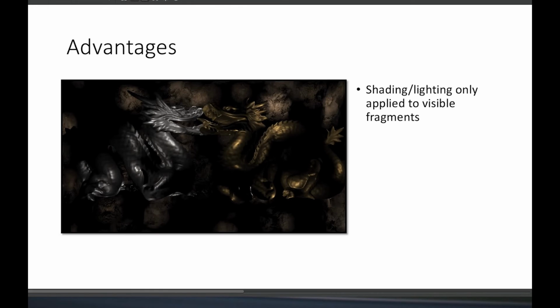That doesn't happen with deferred shading, because in deferred shading, my geometry buffers look like this, and the lighting computations will be done per pixel. So I will not do a lighting calculation for the pixel belonging to the wall, and then for the pixel belonging to the dragon. I'm going to do it only once.